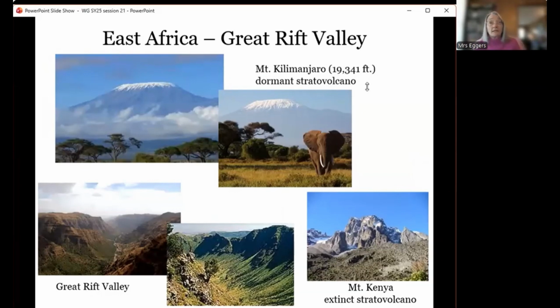Okay, it's not as high as Mount McKinley or Denali in Alaska, not as high as Mount Aconcagua, but still pretty high. It is a dormant stratovolcano. I found these pictures of the Great Rift Valley, Mount Kenya. If you want to write that one down, I would definitely write Mount Kilimanjaro because it is the highest point in Africa.